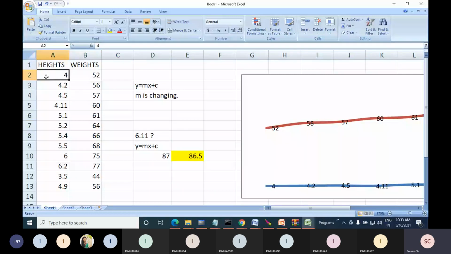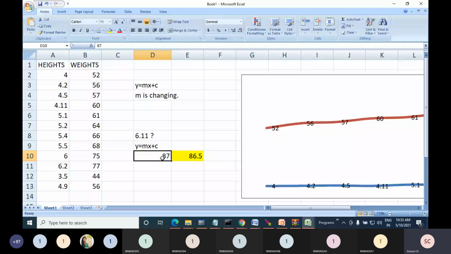Now, I will create a machine learning model such that if you give the height, say 6.11 feet, my program will tell what should be the ideal weight. So if you want to know the weight for a given height value, my program will predict. That is called a machine learning model.